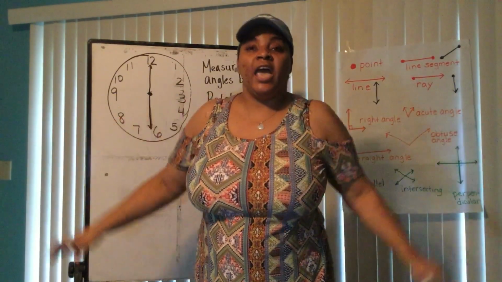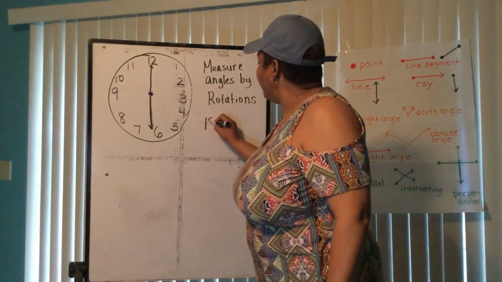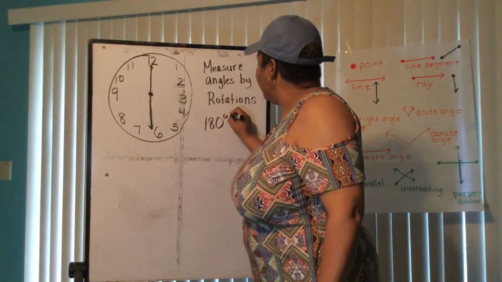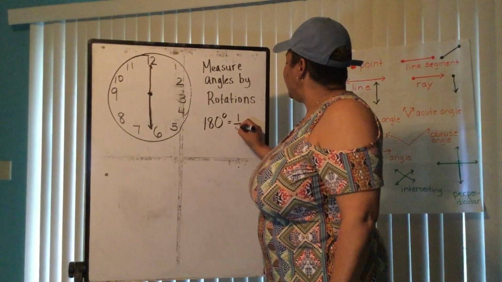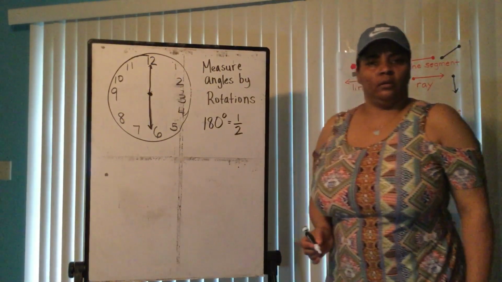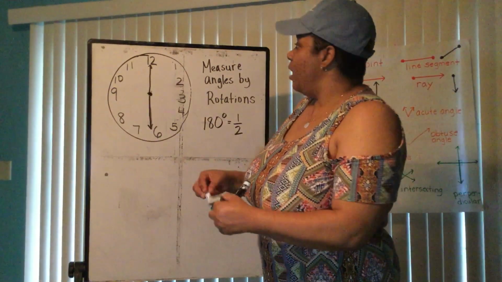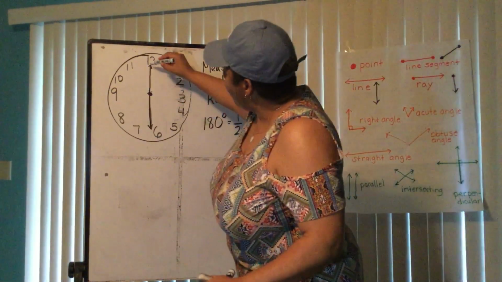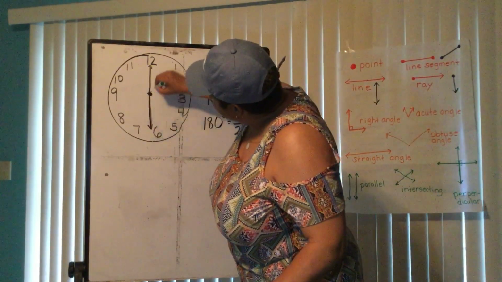And I told you a straight angle is worth 180 degrees, also known as a half. Where did Miss Haynes get this half from? Oh, she cut the clock in half.